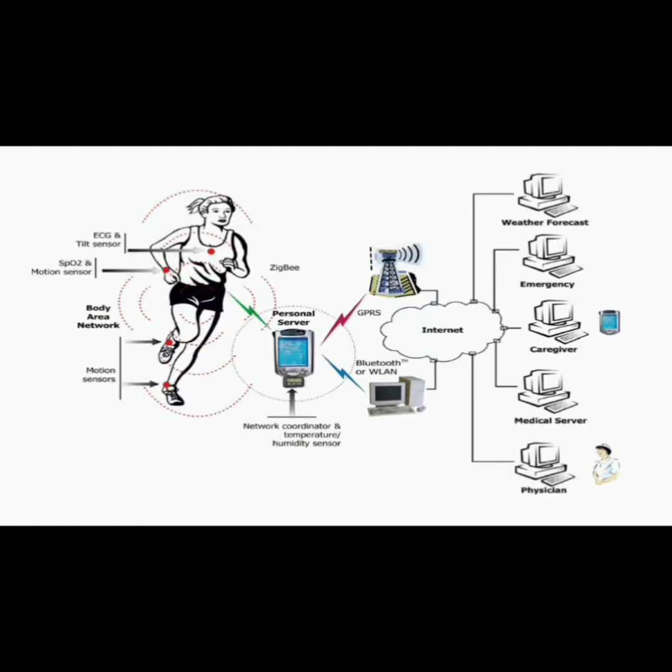So if you see the diagram, a person is running, and you can see a network of sensors. One is ECG and tilt sensor, then motion sensor. This data is given to a personal server through Zigbee, right?